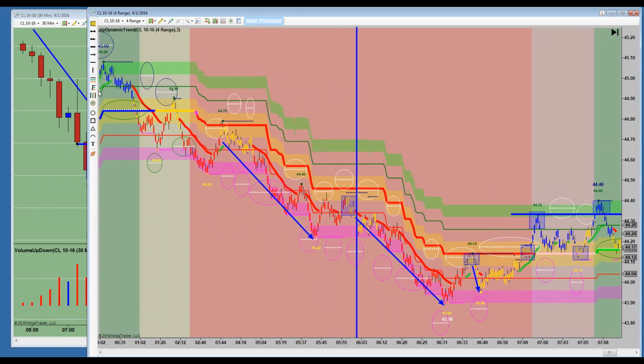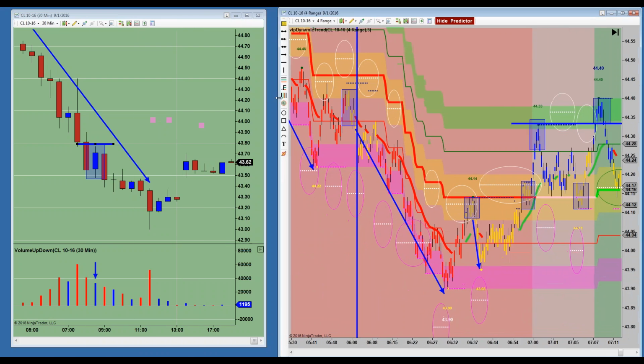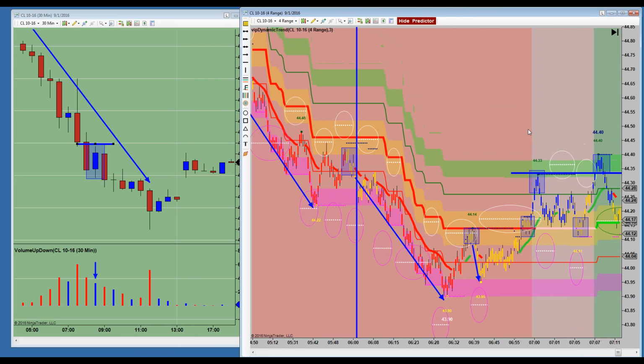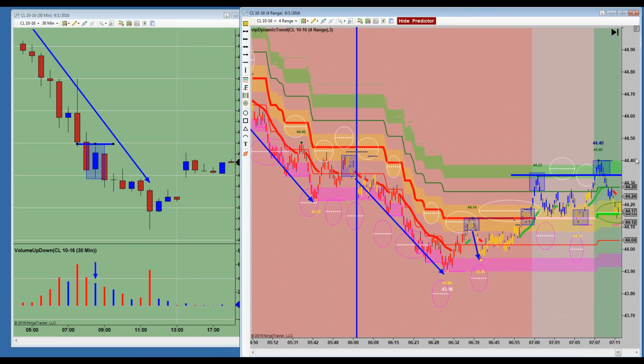What I'm trying to speak to here is two things. The first one is the group of you that rightfully feel nervous taking shorts here at the rollovers at Phantom.